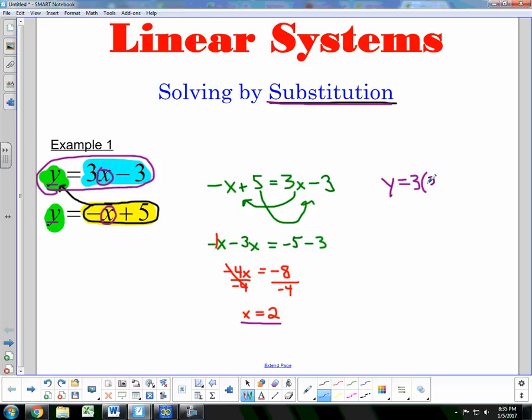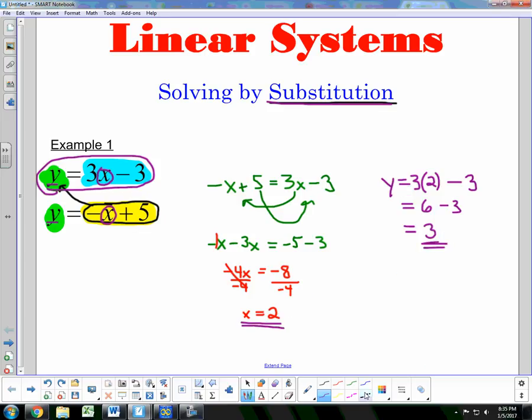So here's a 2 minus 3. And then we can solve for the rest of this y. Well, what's 3 times 2? 6 minus 3. 6 minus 3, that's 3. So that's our y value. So our x value is 2, our y value is 3.